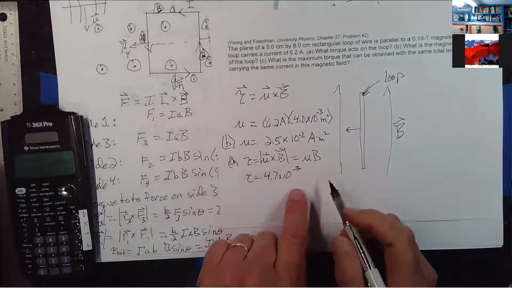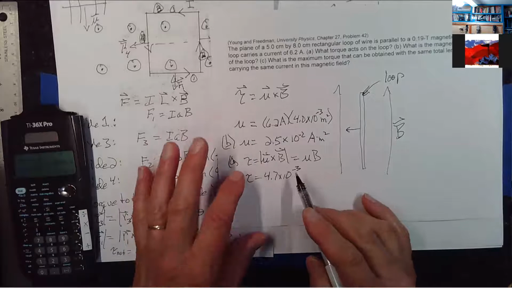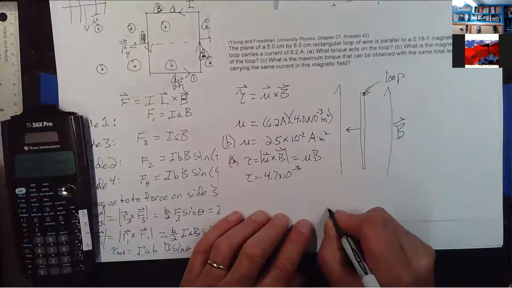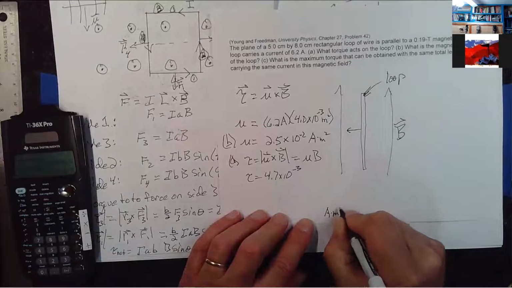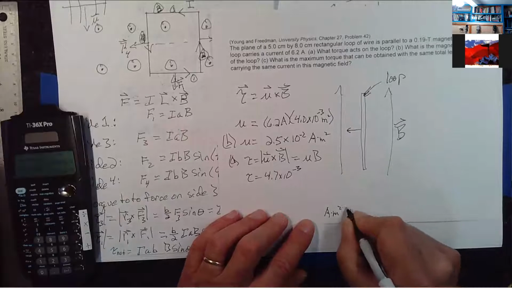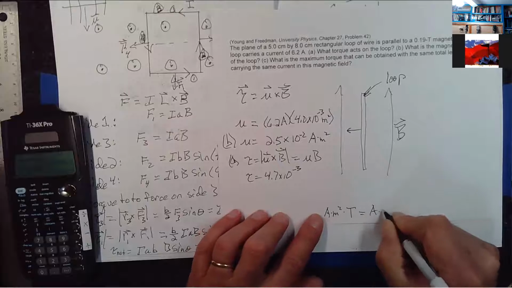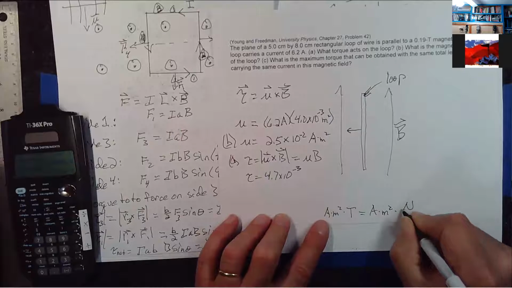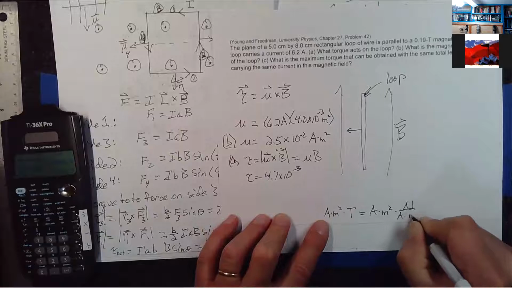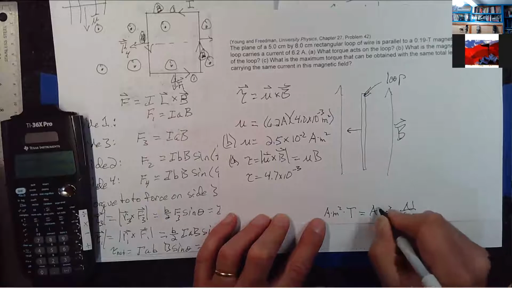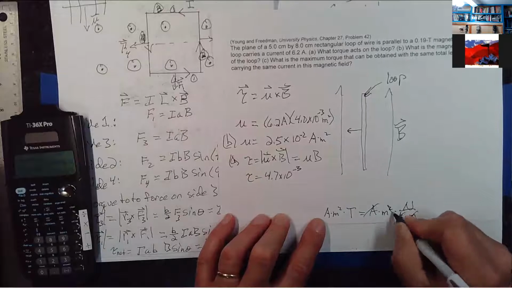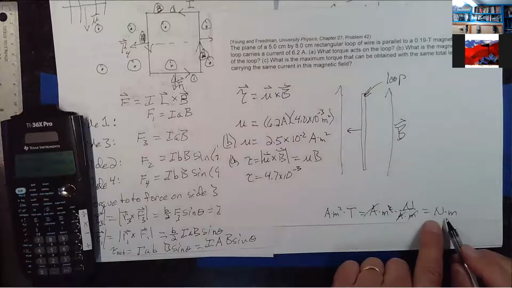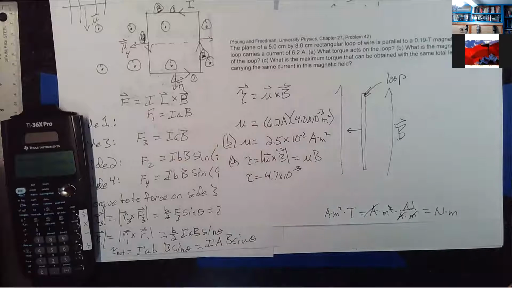Now, unit-wise, every problem we do here is an adventure in units. We'll have amp meter squared times Tesla. A Tesla is a Newton per amp meter. And so the amps divide out, one of the meters divides out, and I get Newton meters, which is force times distance. Those are the metric system units for torque.